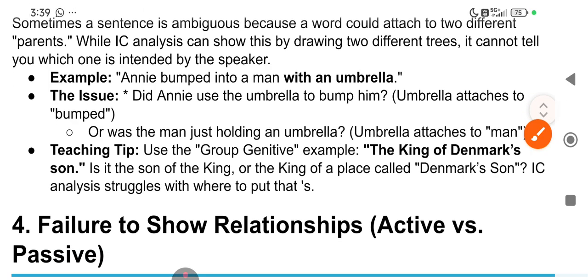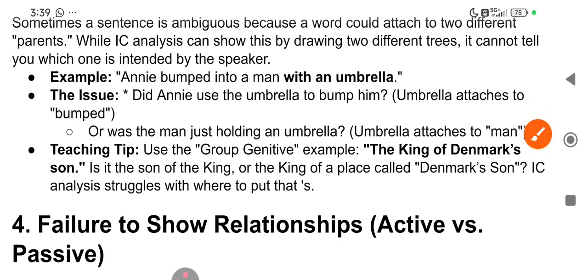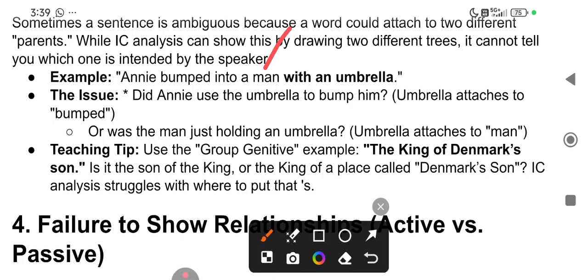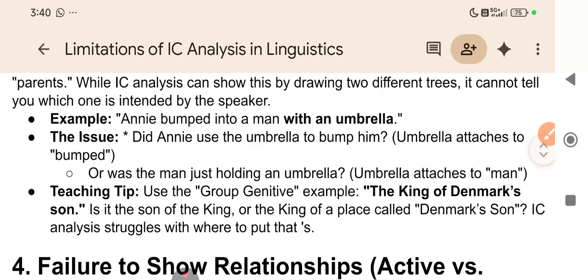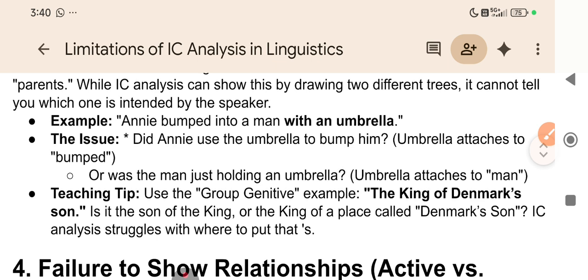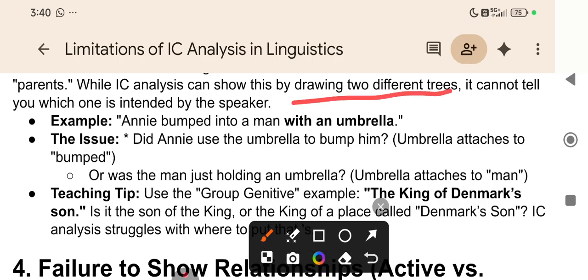While IC analysis can show this by drawing two different trees, it cannot tell you which one is intended by the speaker. Same confusion. We can draw two different trees.